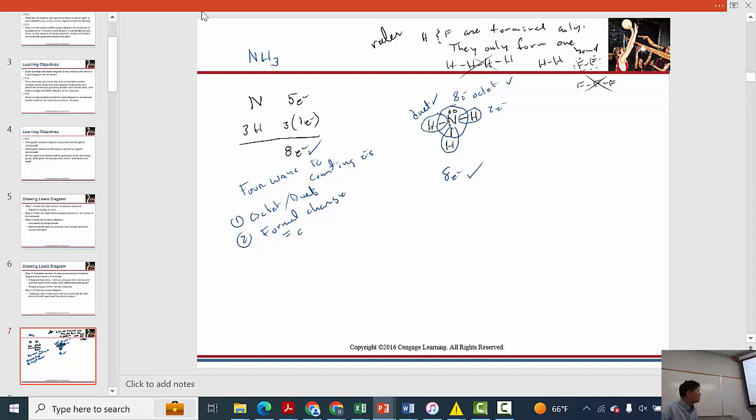The formal charge is equal to the charge on an atom assuming 100% covalent bond. That is, a 100% covalent bond means that there's 50-50 sharing. 50-50 sharing is just even sharing.